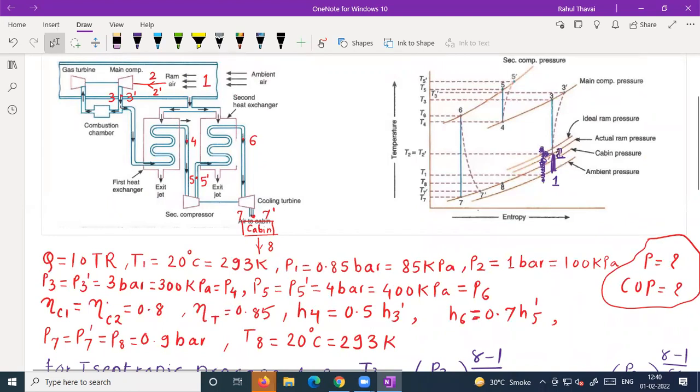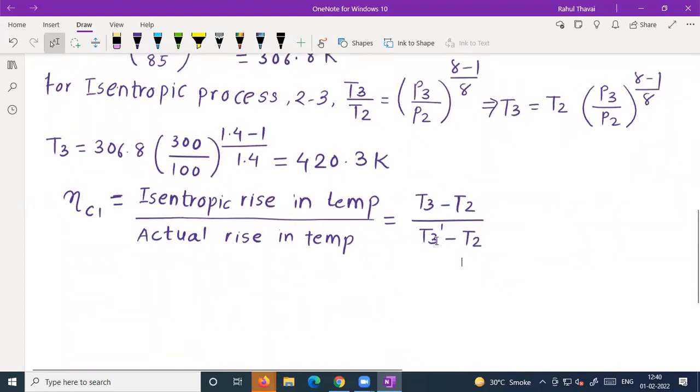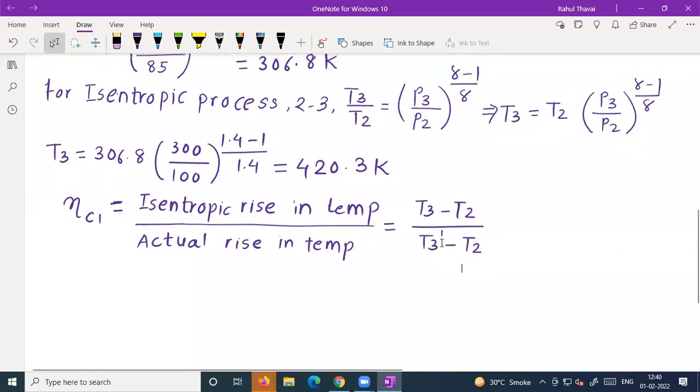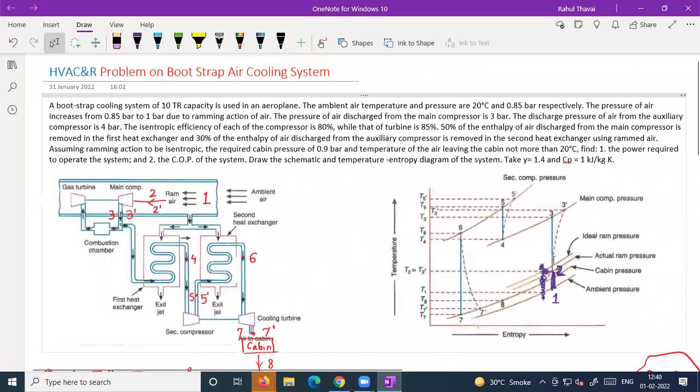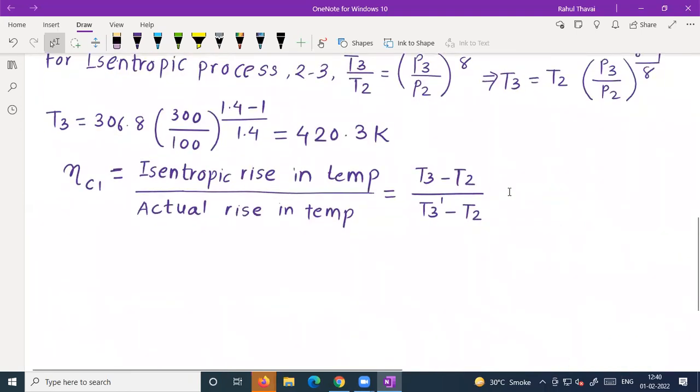Out of 2 to 3 dash and 2 to 3, obviously 2 to 3 dash is the highest term, so I will keep it in the denominator. And 2 to 3 is the lowest one, so I will keep it in the numerator. By any manner you can remember this, right?